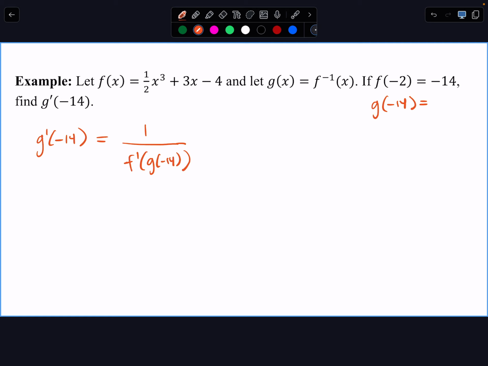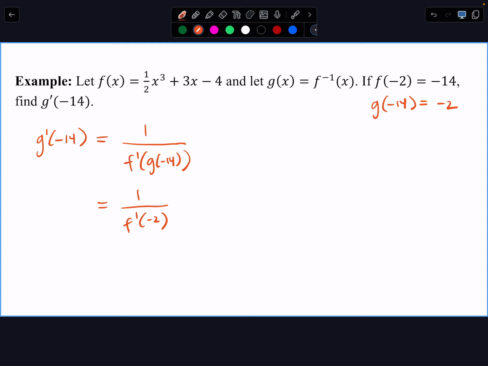Negative 2, right? Because negative 2 comma negative 14 lies on f, so that means negative 14 comma negative 2 would lie on g. So we would have 1 over f prime of negative 2.